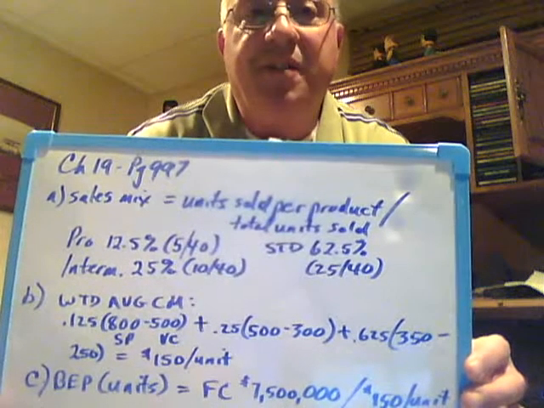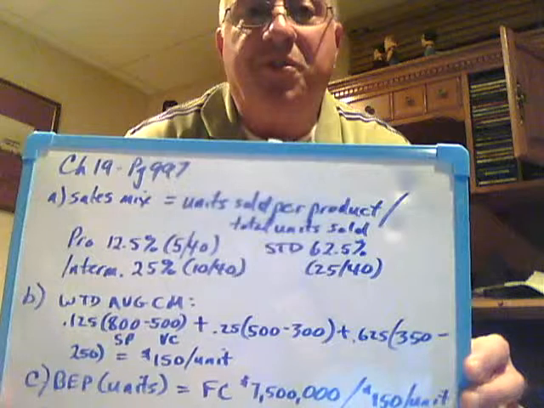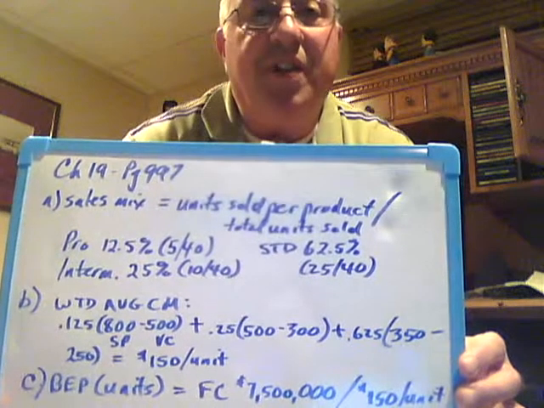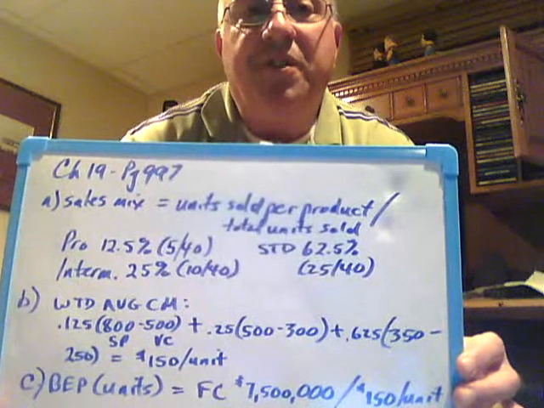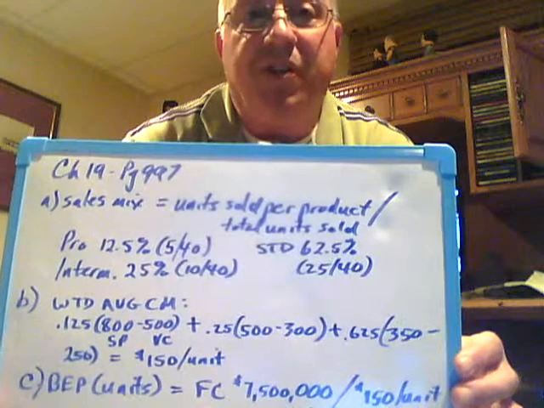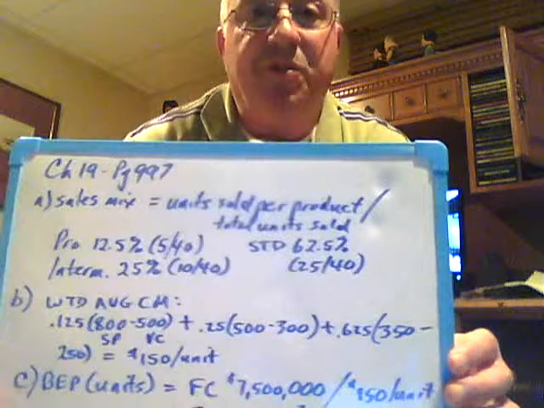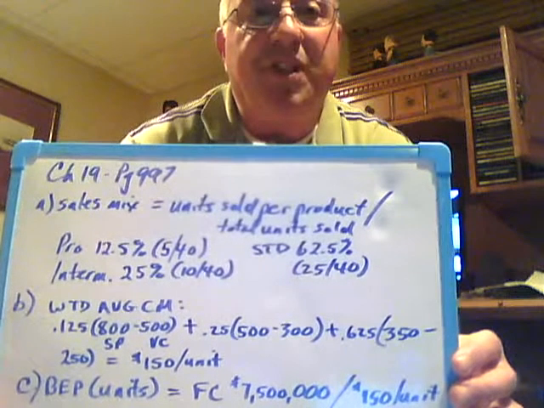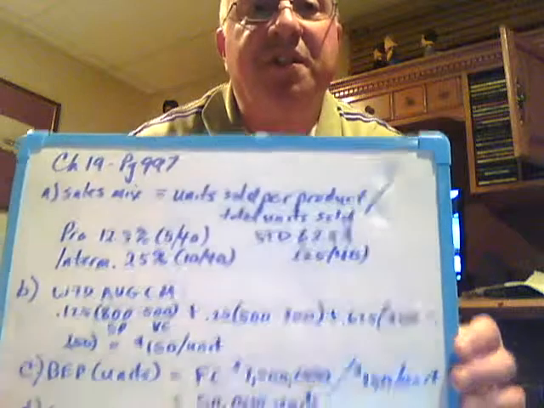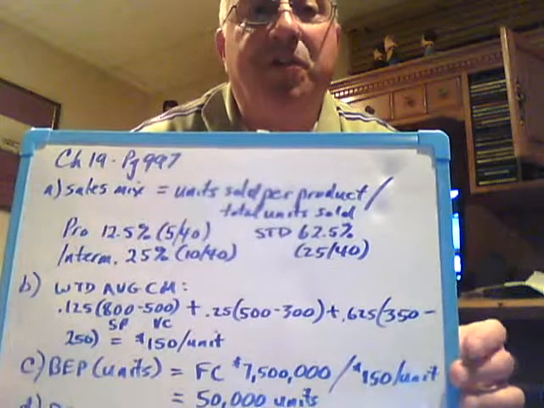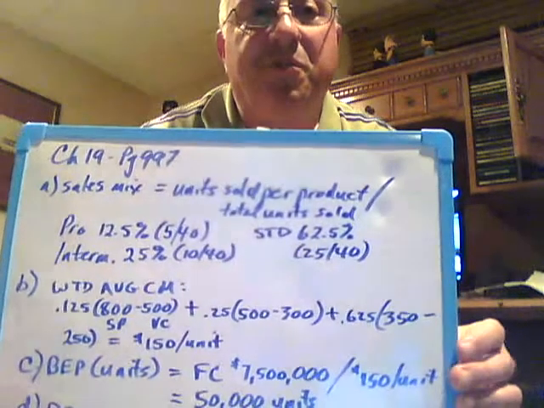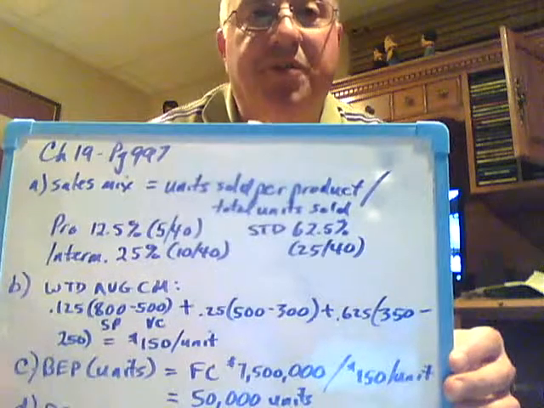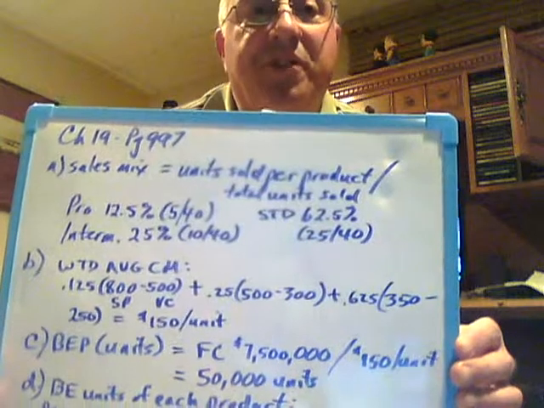And finally, we add the contribution margin weighting of the standard bike, which is based on its share of sales, 0.625 or 62.5%, times the difference between its selling price, $350, and its variable cost of $250. And when we do all that math, we end up with a contribution margin total weighted average of $150 per unit.